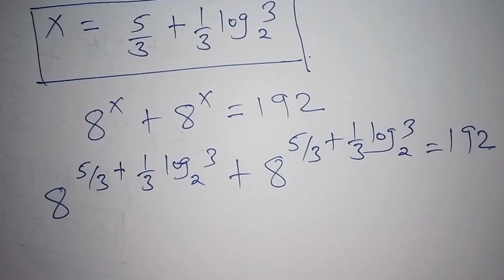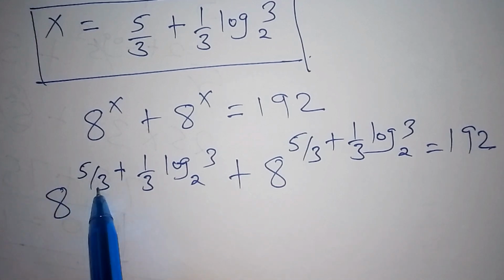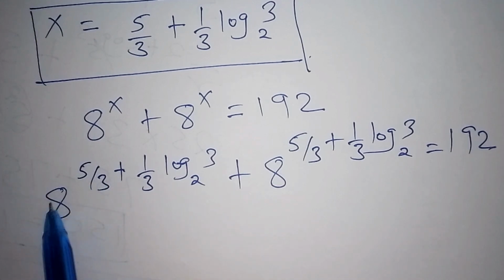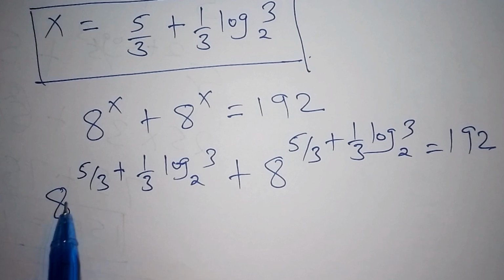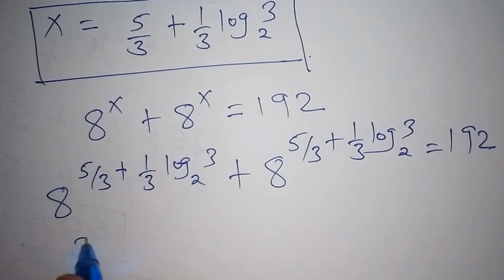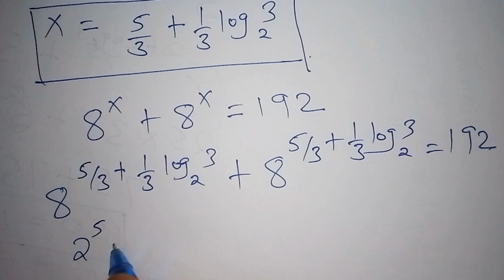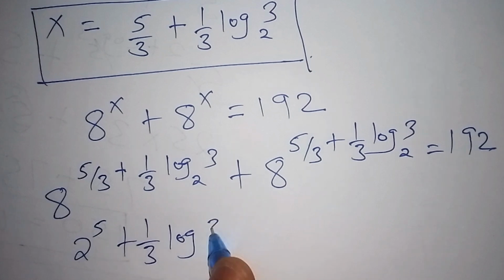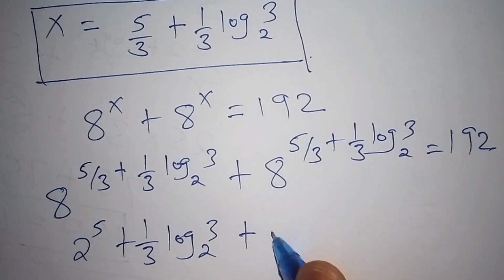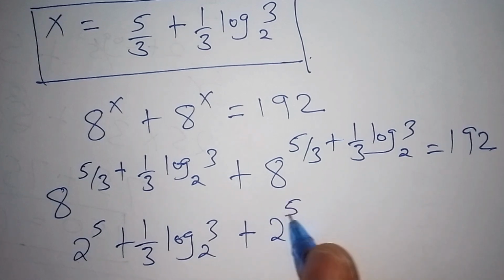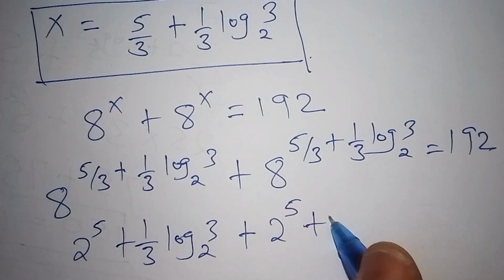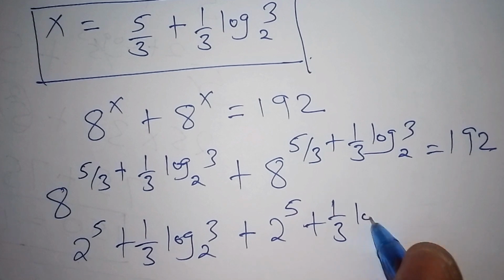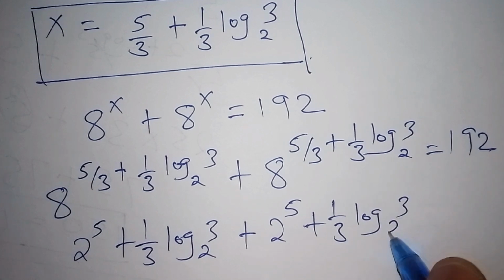From here we have 8 to the power of 5 over 3. This one we write as the cube root of 8, which is 2. Now we have 2 to the power of 5 here, then plus a third the log of 3 to base 2 here, then plus this side also we have the cube root of 8, which is 2 to the power of 5, then plus a third the log of 3 to base 2 is equal to 192.